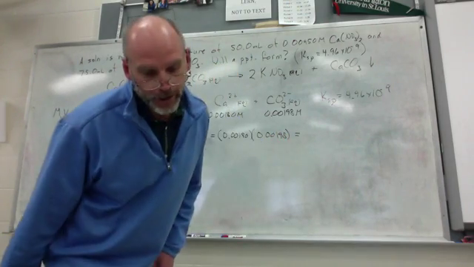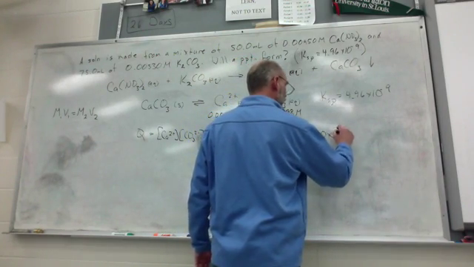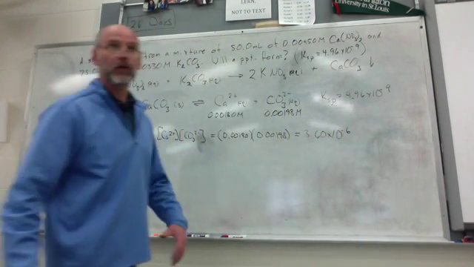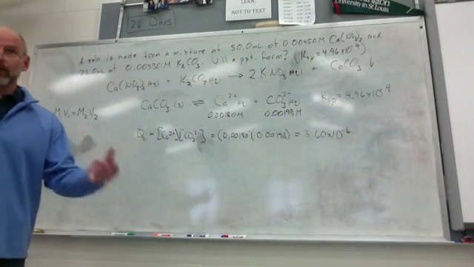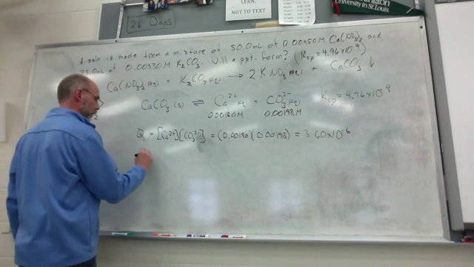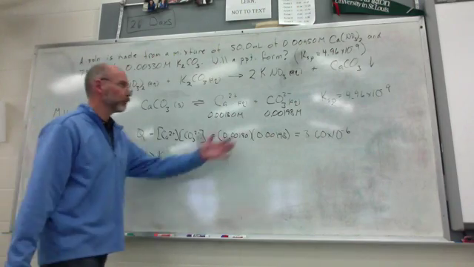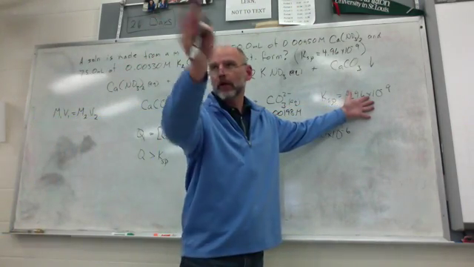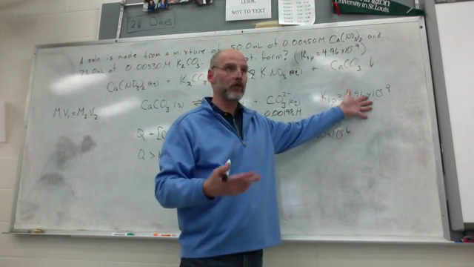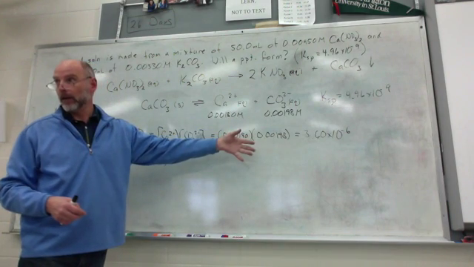And I got 3.60 times 10 to the negative 6th, which is greater than the Ksp. Therefore, we've reached the limit, which I forget who it was that was asking that. In fact, we've gone well beyond the limit.